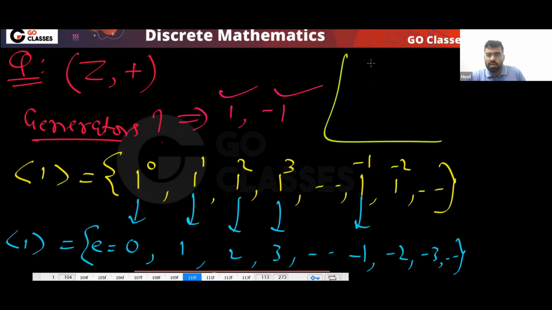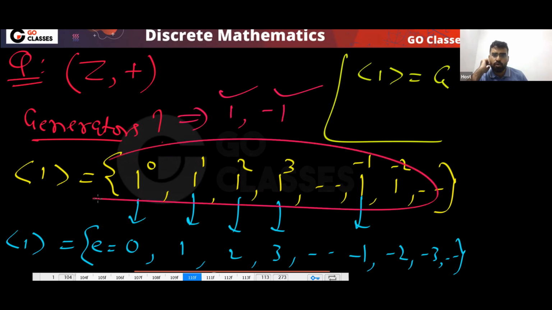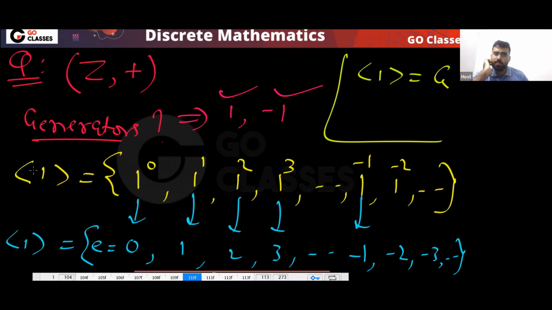You can notice that this is the subgroup generated by 1. Subgroup generated by 1 means 1 power 0, 1 power 1, 1 power 2, 1 power 3, 1 power 10, 1 power minus 1, 1 power minus 2, integer powers of 1.